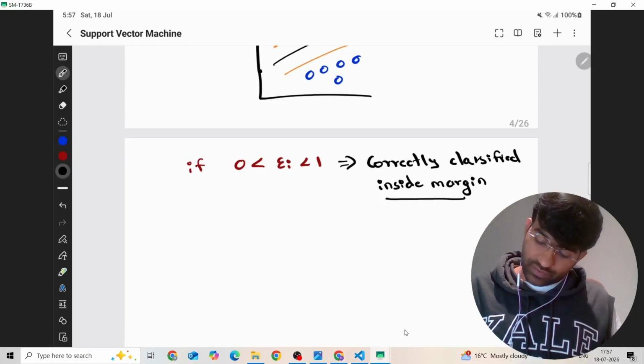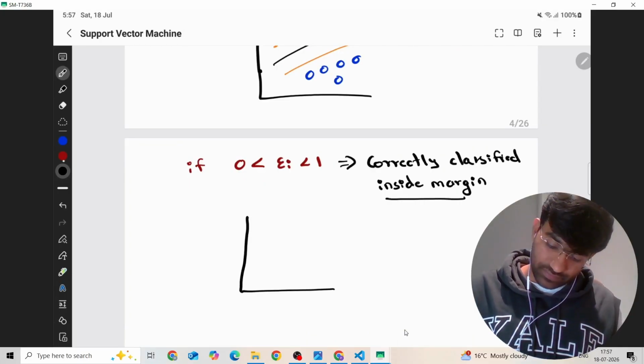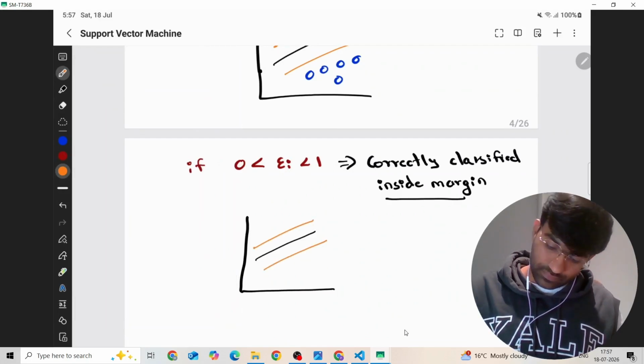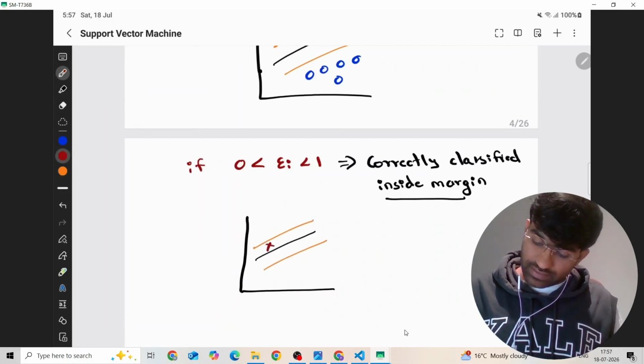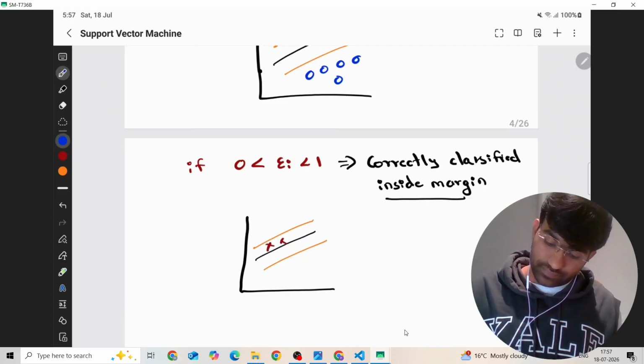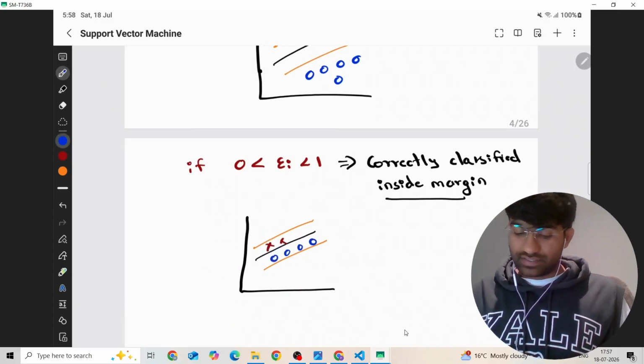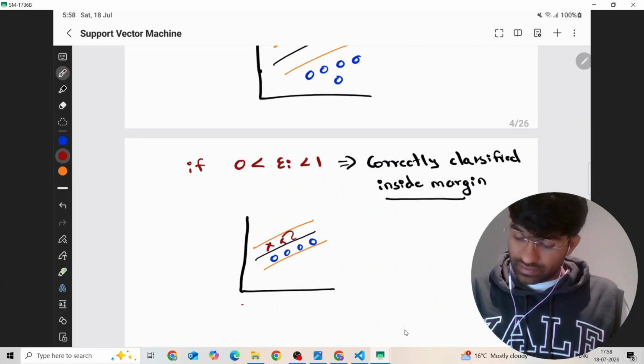How will this look? What does this mean? Data is inside the margin. Classification is correct, but data is inside the margin.